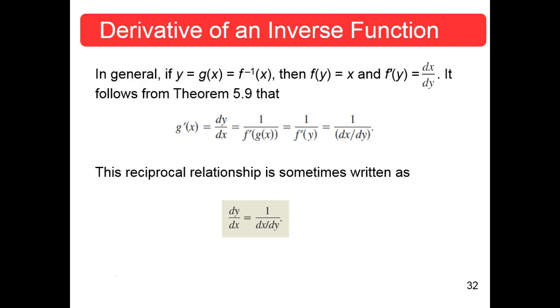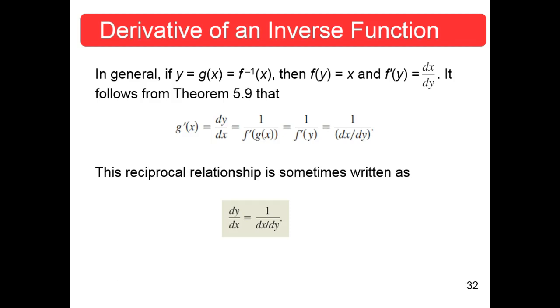In general, if y is equal to g of x, and that is also f inverse of x, then f of y is equal to x, because f of f inverse is x, and f prime of y is dy dx. So it follows from that g prime is dy dx.